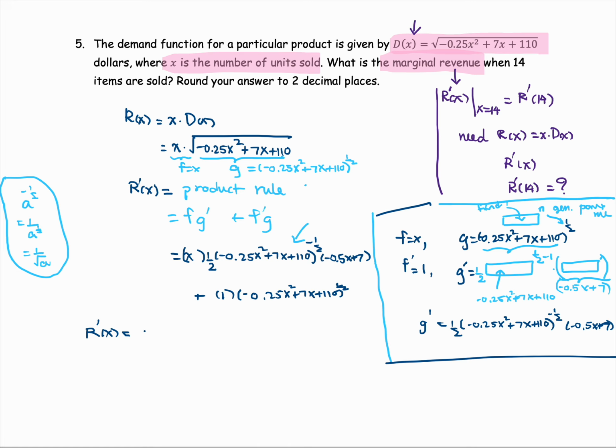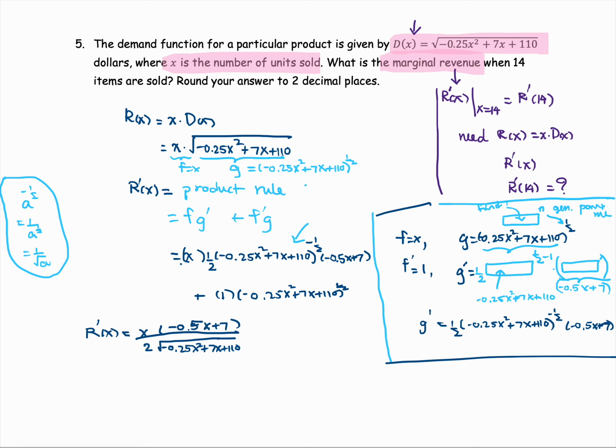So our r prime is going to be x multiplied by, so the negative power will go down to the bottom together with the 2, and change the power 1/2 that becomes positive 1/2 on the bottom to the radical or the square root. So we have the square root of negative 0.25 x squared plus 7x plus 110, where on the top we still have to remain the product of x and negative 0.5x plus 7.